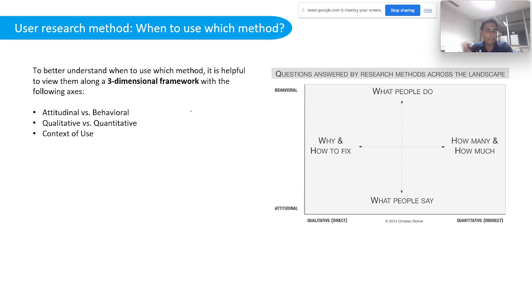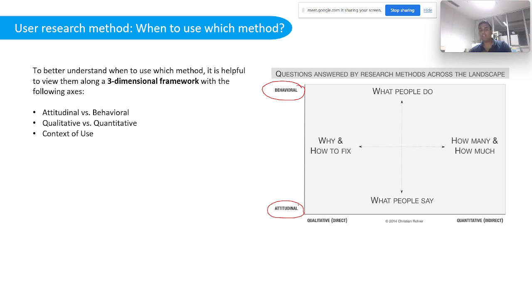So like that, there are various techniques that have various importance, and they are used for user study in different contexts. Now you need to understand when to choose which particular method. So far, this is common to all the user study techniques: a user study can be broken down into attitudinal and behavioral, that we already discussed.